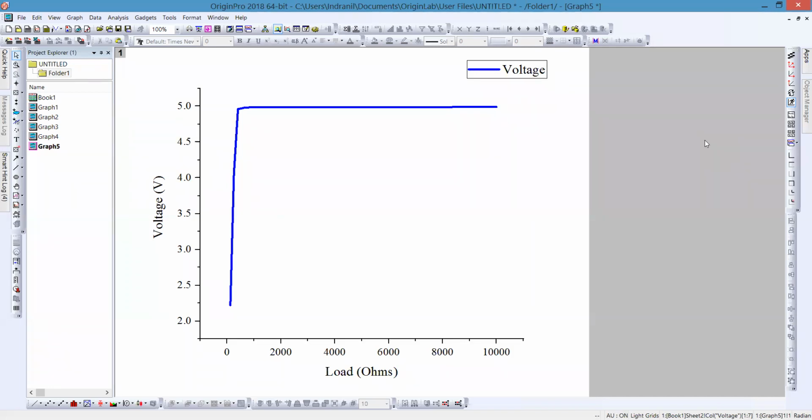So any query? I think you can do it for the line regulation one, right? Yes, sir.